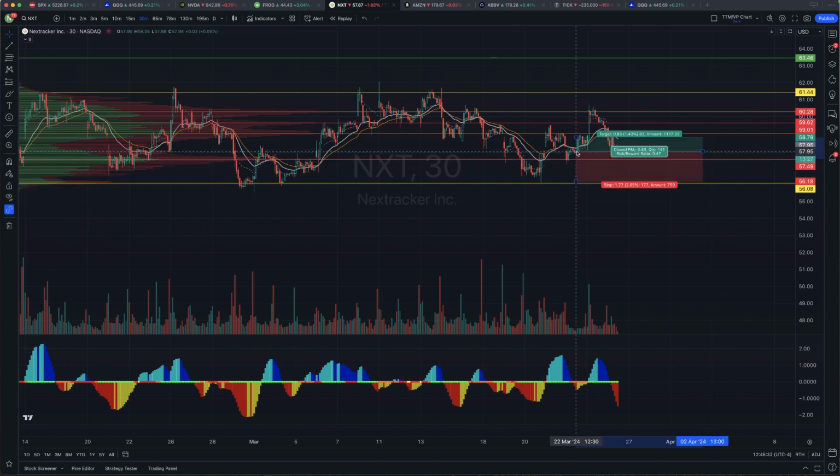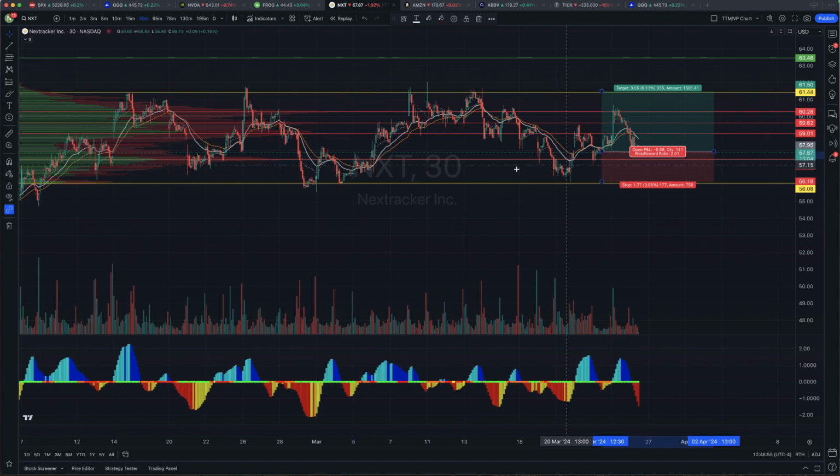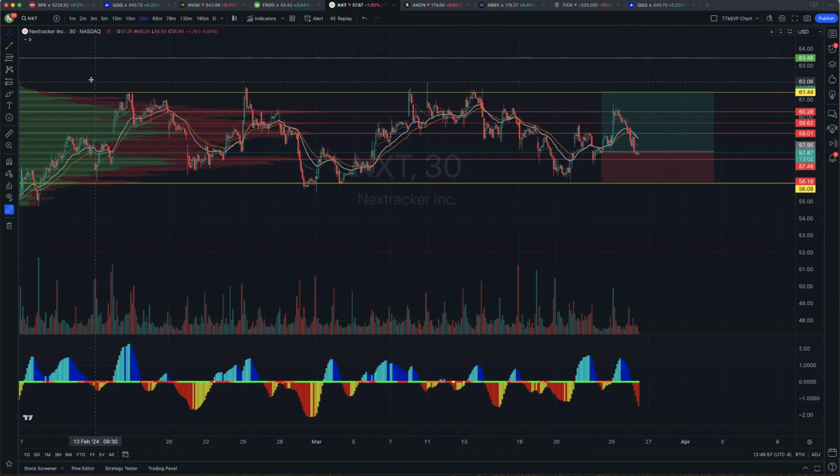My risk would have been down to this 56.11. And I'd be targeting a break of the high, if not, that 1272 line. So I have a 3-to-1 risk reward or a 2-to-1 risk reward, which is still acceptable.